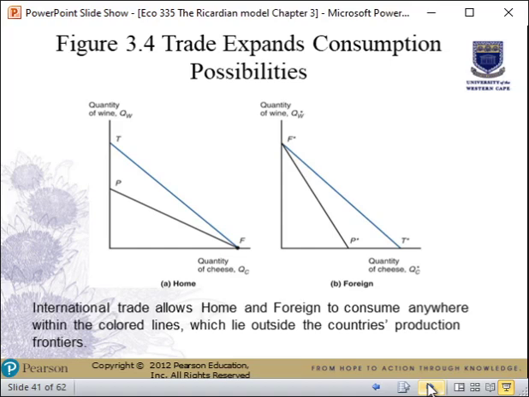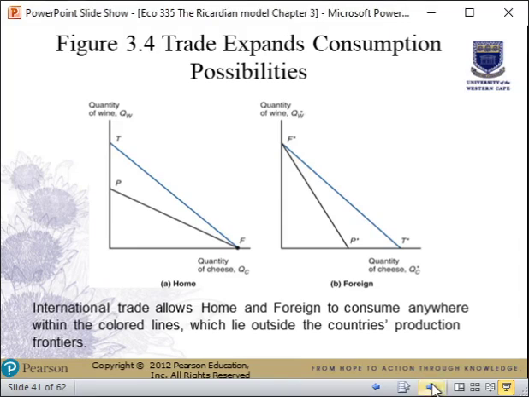Thus, complete specialization and trade can expand the consumption choices for consumers, and it leaves them better off as compared to the autarky outcomes.